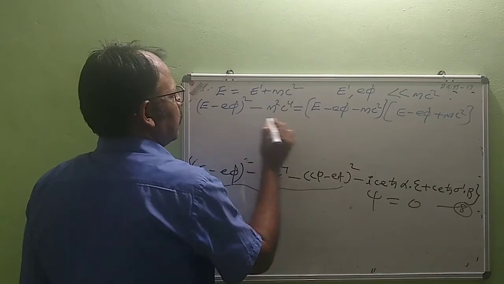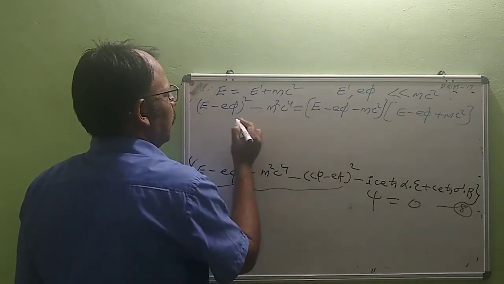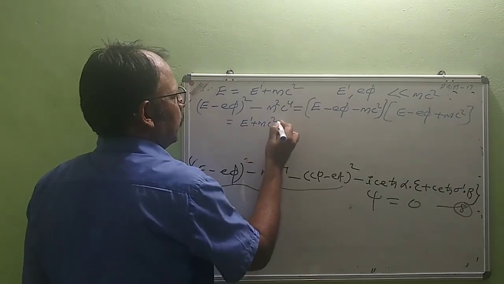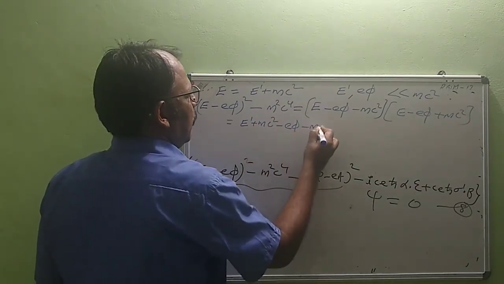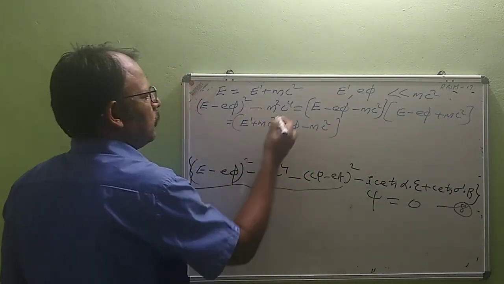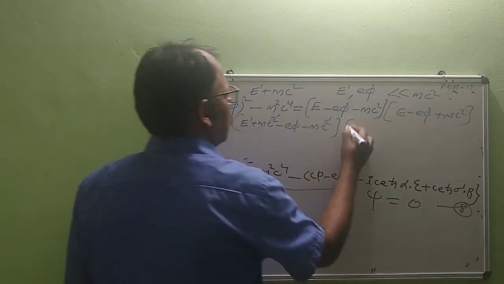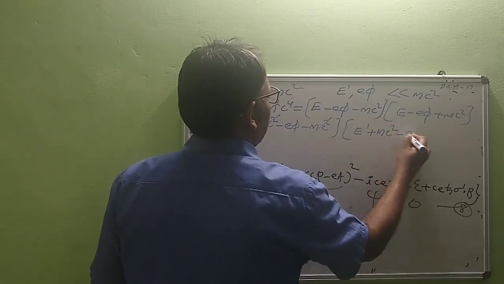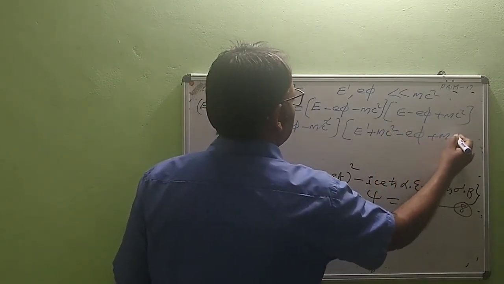So E, we can write as E prime plus mc square. So it will be E prime plus mc square minus E phi minus mc square. So this mc square will get cancelled, into E prime plus mc square minus E phi plus mc square.